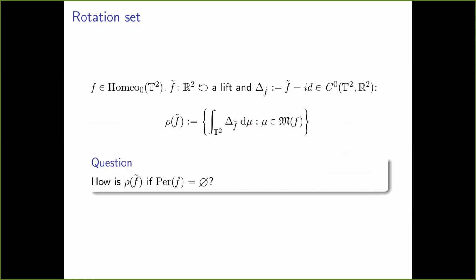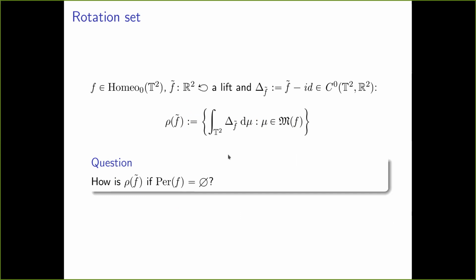So the first question is, let's recall what the rotation set is. The rotation set is the integral of the displacement cocycle against any invariant measure. We want to understand what we can say about the rotation set when there is no periodic orbit.